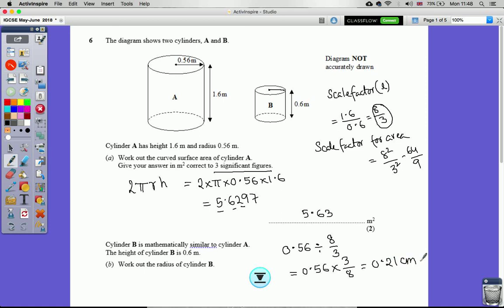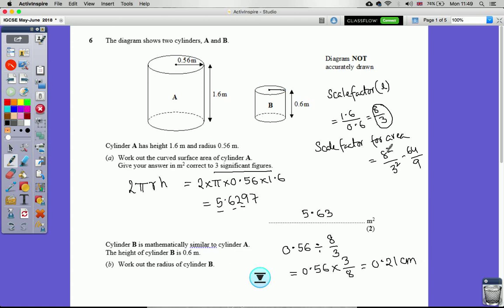Okay, because we're trying to find out the radius of the smaller cylinder.